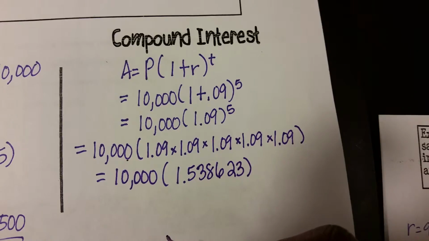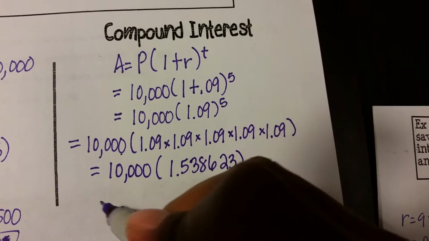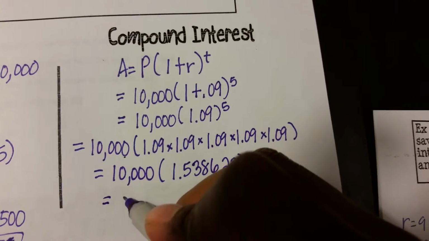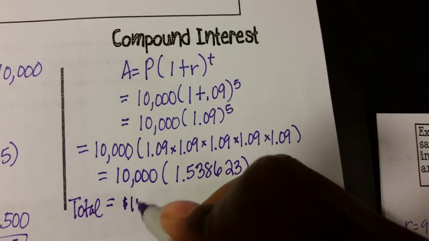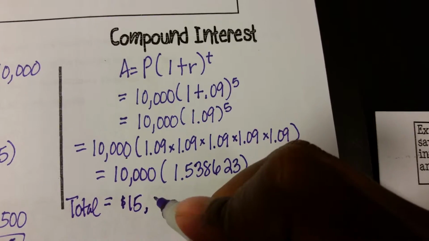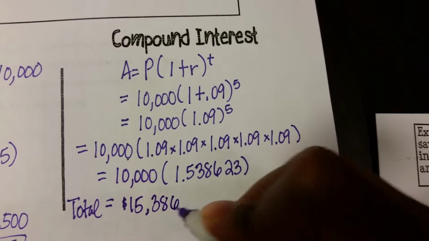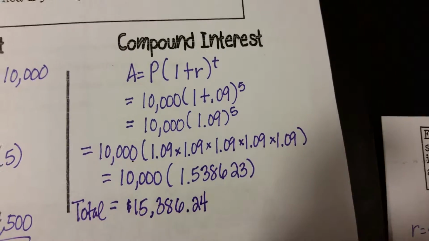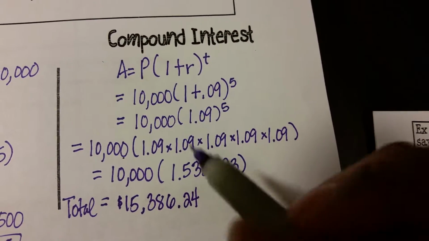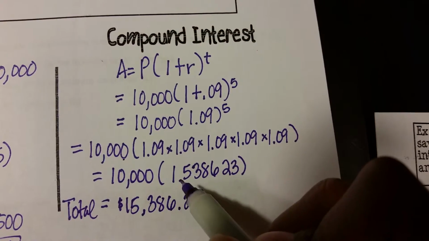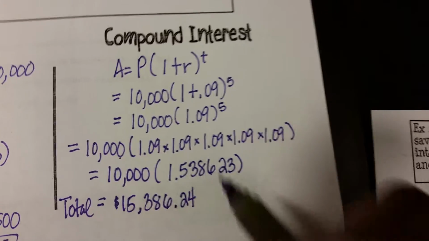Okay. Now when I multiply that out, my total would be 15,386.24. Okay. Because I would just move this over how many decimal places I have. 1, 2, 3, 4.